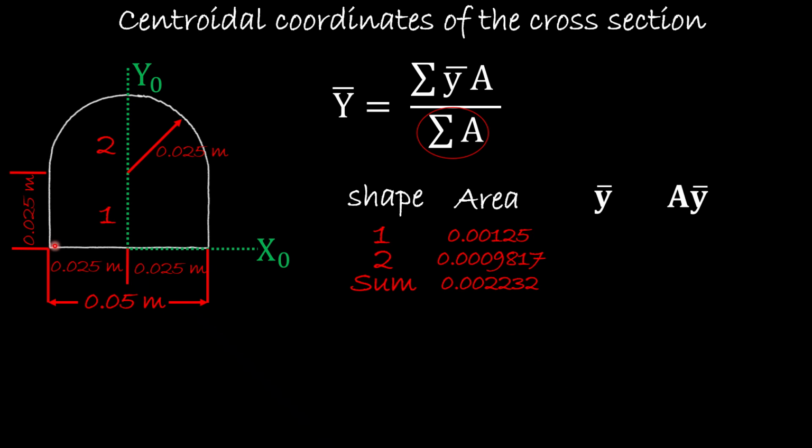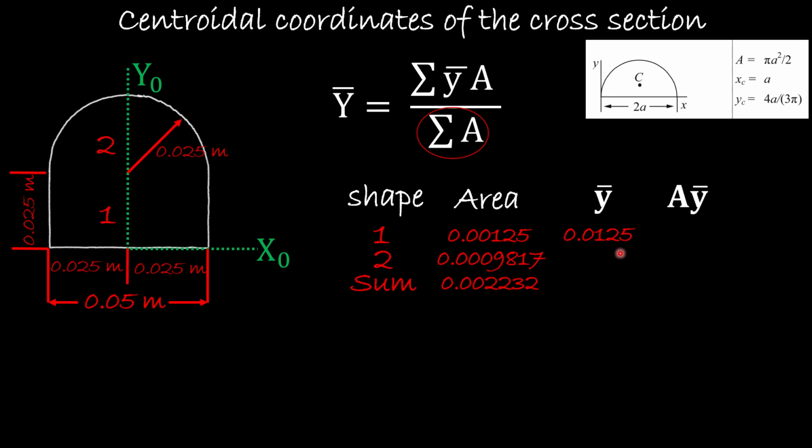Now we want to find the center of shape number 1 in the vertical direction. That's easy. This one is symmetrical, so that means we can cut it in halves. So half of 0.025 meter will be 0.0125.